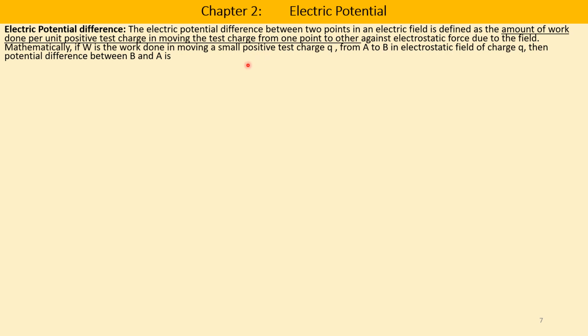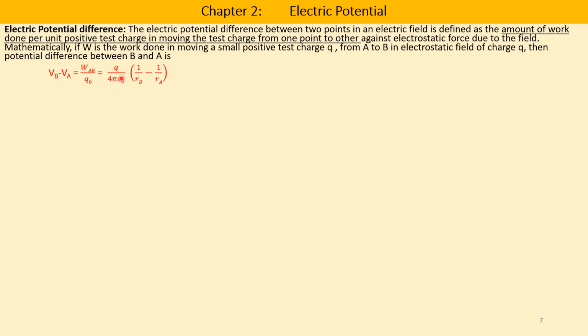Mathematically, if W is the work done in moving a small positive test charge Q naught from point A to point B in an electrostatic field of charge Q, then the potential difference between B and A is given by the relation VB minus VA is equal to WAB divided by Q naught.